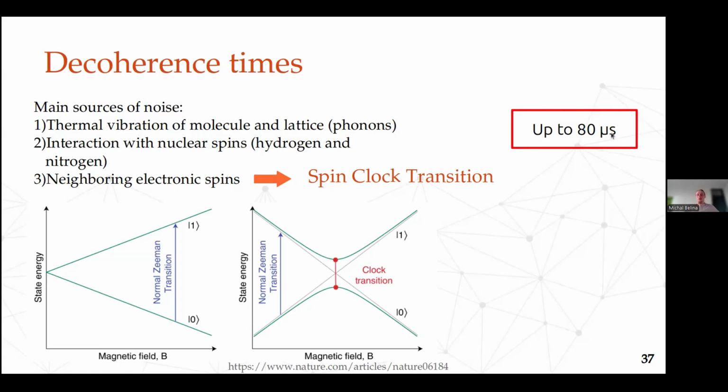nice. But just to clarify, this 80 microseconds was measured under really optimized conditions, where they not only used this spin clock transition protection, but also diluted the molecules with others which are not active, which cannot cause these magnetic disturbances.